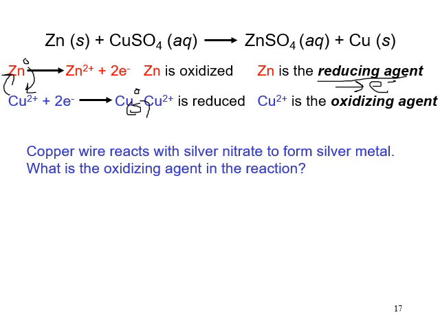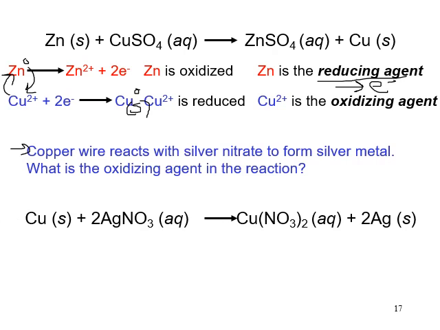So when we look at this type of reaction, this was on the previous slide, this copper wire reacting with silver nitrate to form silver metal. What is the oxidizing agent? If it goes from 0 to plus, this is where we have to practice assigning these numbers. Silver is +1. Now, this is a little tricky. Nitrate as a whole is -1. But if we break it down, we would find that nitrogen is +5, oxygen is -2.